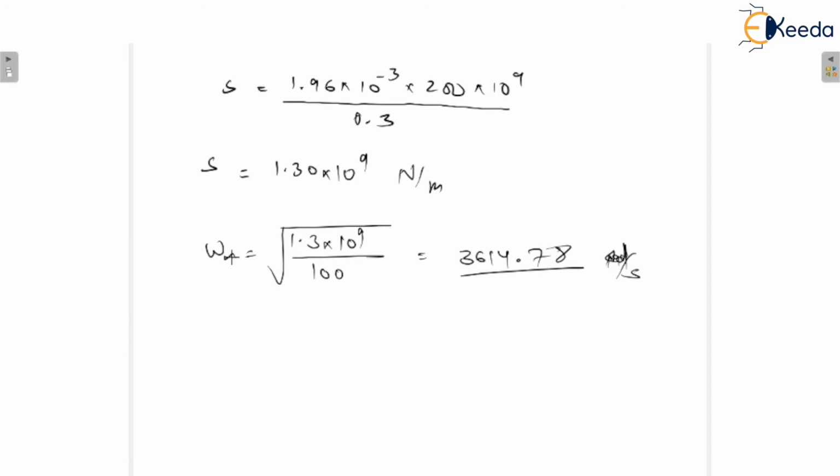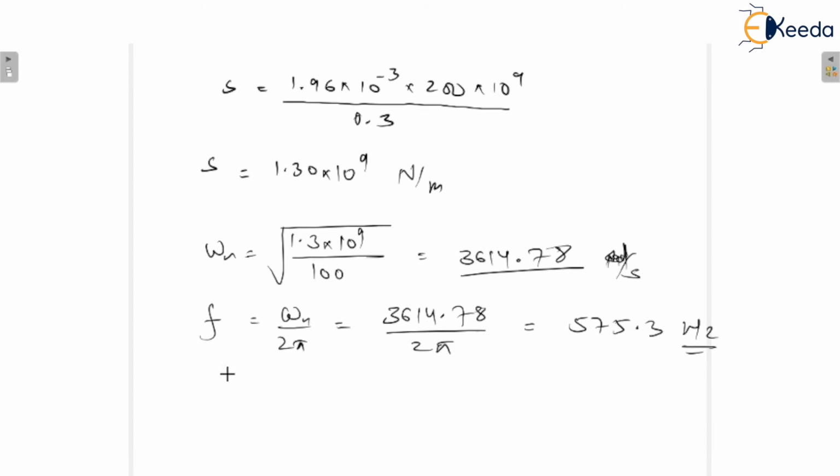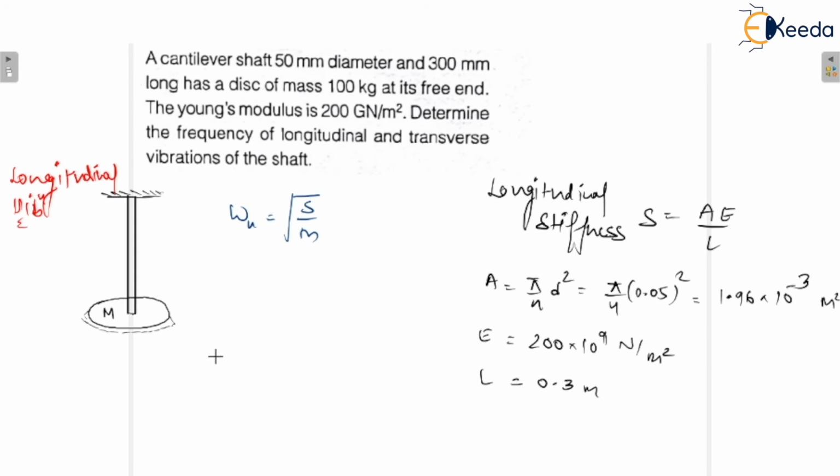Okay, so if you want to calculate the frequency in hertz, it would be omega n upon 2 pi, that means 3614.78 upon 2 pi. So you will get the value 575.3, but it is in hertz. So this is the frequency of the longitudinal vibration in radian per second as well as in hertz.